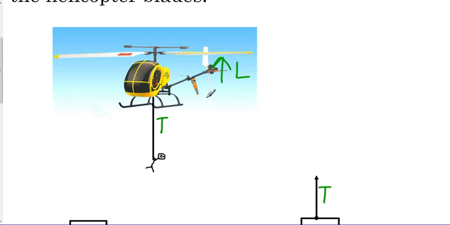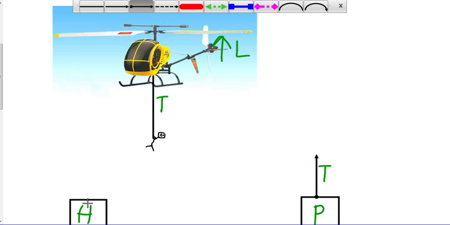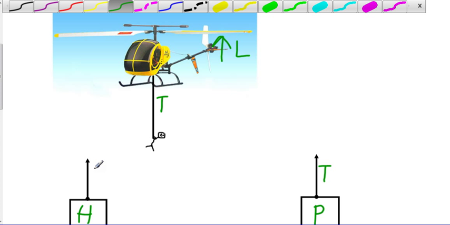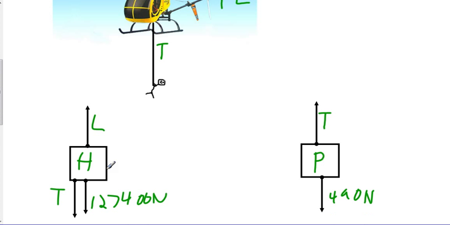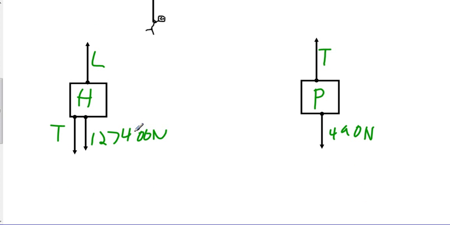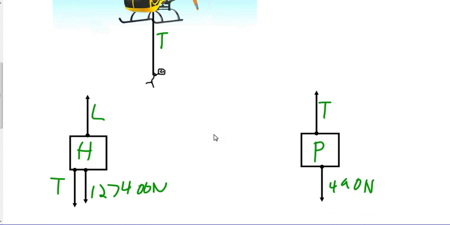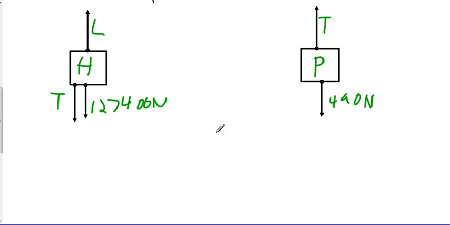What we also have on the helicopter now is this lift, and so that is going to be going upward in this case. So we know that this is the lift. And these are our free body diagrams. In this case, we don't have any x components, so we don't even have to worry about it. And so now we can write out summation equations for both of these.